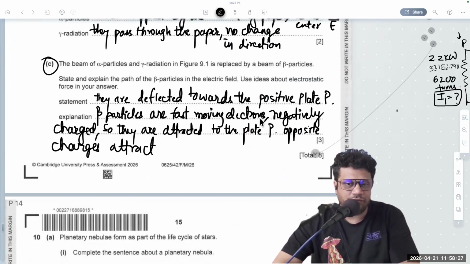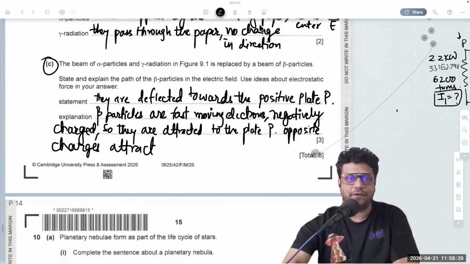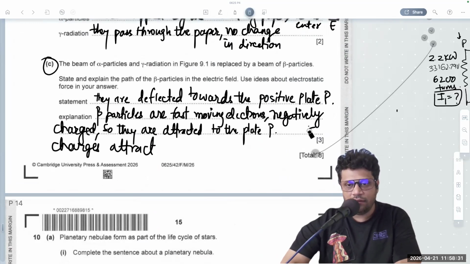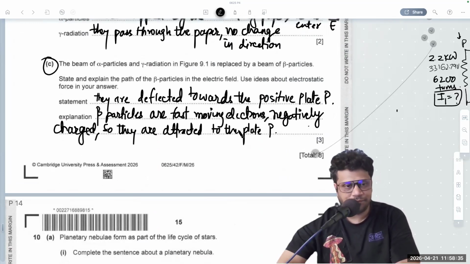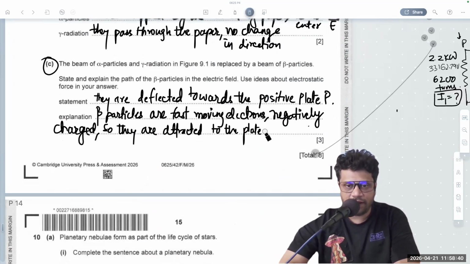Beta particles are fast moving electrons, negatively charged, so they are attracted to the plate, and you want to say plate P, which is the positive plate. So I'll write it.